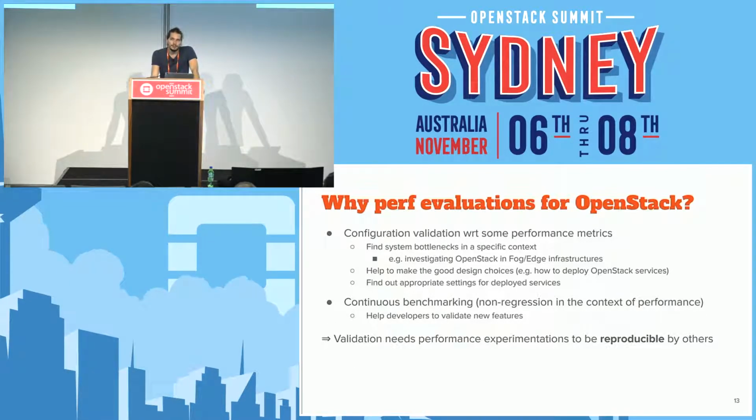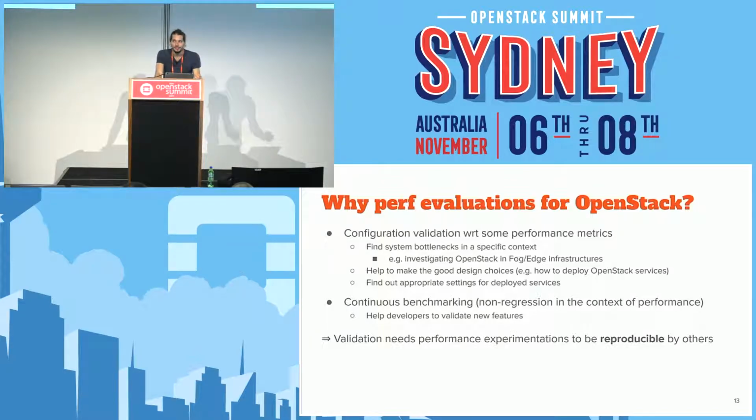So why do we need performance evaluation in OpenStack? The first point is to validate configuration with regards to performance metrics, as illustrated in the introduction. For example, finding OpenStack bottlenecks in a specific context, like that of fog computing, is useful to help us make good design and architectural choices, and to find the impact of services settings.